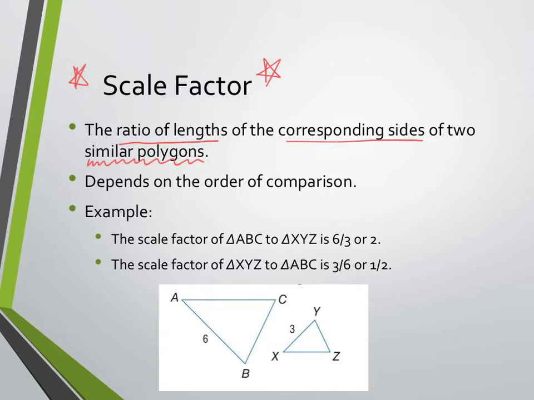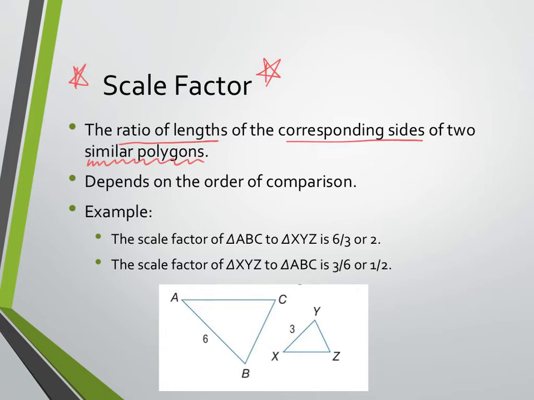Okay, well the scale factor compares two different sides of two different shapes. Okay, it's the thing that unites those two shapes together. We'll be using the scale factor a lot later to make sure that the rest of the sides are also proportionate. Now the order on your scale factor, so if you do big triangle over little triangle or vice versa, depends on the question. Some questions will say go right to left, some questions will say this one over that one.